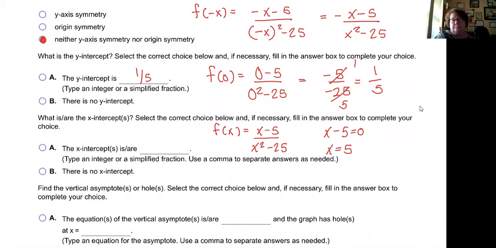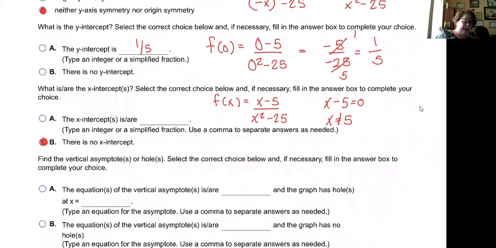Well, that's a problem because x can't equal 5. X cannot equal 5 because if you put x equals 5 into the denominator of this rational function, the denominator is 0. You can't do that. So if the value you get for your x-intercept is a restriction on the domain of your function, there is no x-intercept. So there is no x-intercept.